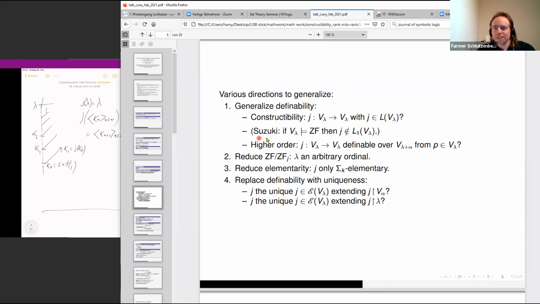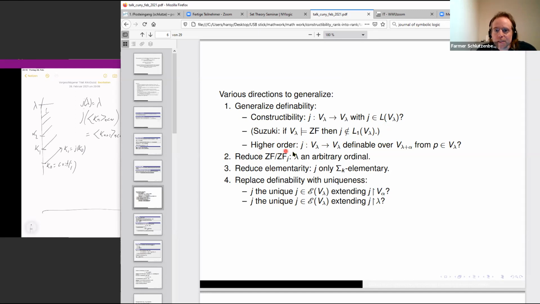Notice that Suzuki's theorem applied to V lambda says just that if V lambda models ZF, then J is not in L1 of V lambda. It's the first step of the constructible hierarchy, since the things in L1 of V lambda are exactly the subsets of V lambda which are definable from parameters. So that's what his theorem rules out. A natural generalization is therefore to ask what happens when we go into higher levels of L above there.